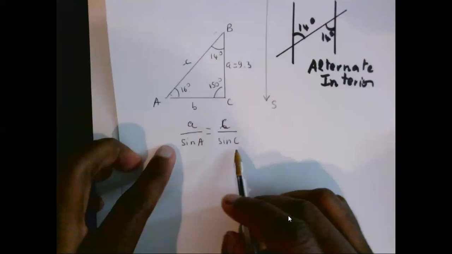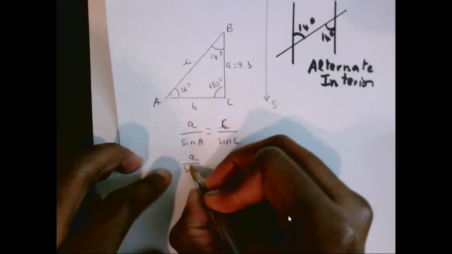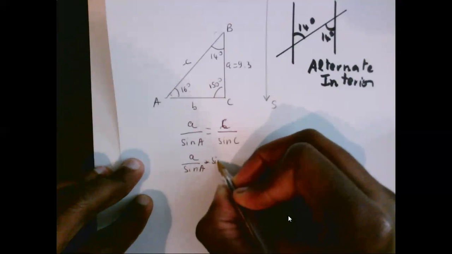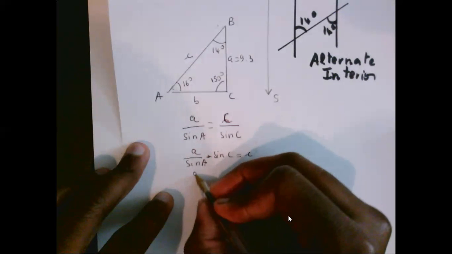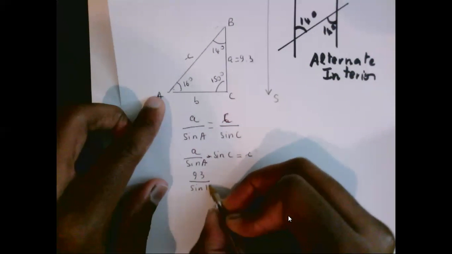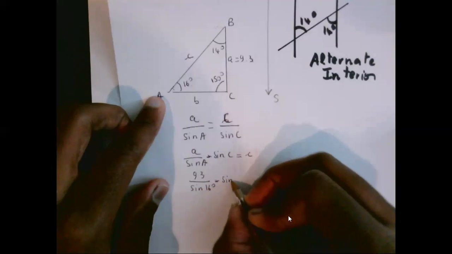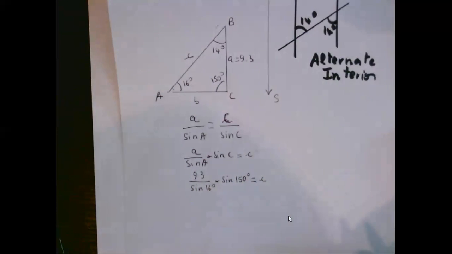So I'm looking for small c. Small c is a divided by sine A multiplied by sine C. I know that a is equal to 9.3, divided by sine of A, 16 degrees, multiplied by sine of C, which is 150 degrees, and that is going to be equal to small c.